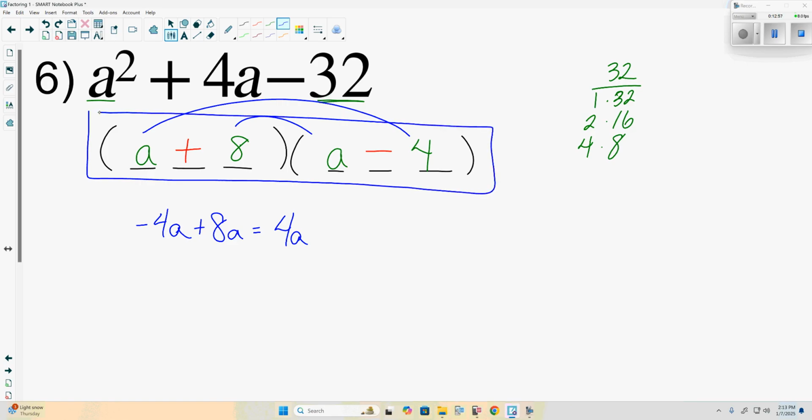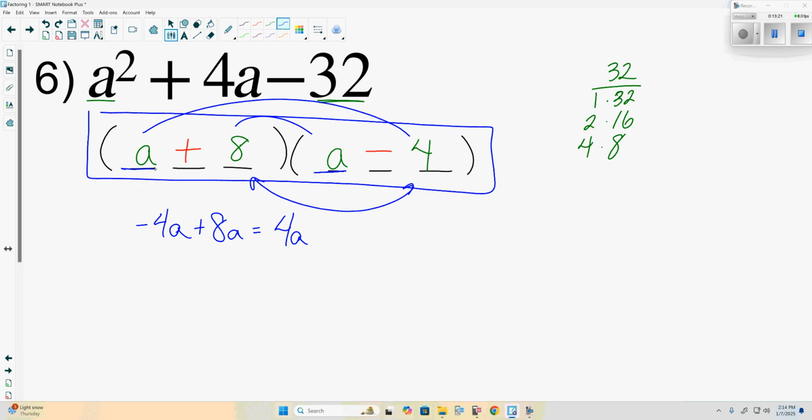Now, if we do get the correct number but wrong sign, all we need to do is flip the signs, change the signs. And it is possible to get the correct number by switching the 8 and 4 to try to get there. It works well as long as the first set of terms are just a and a, x and x.